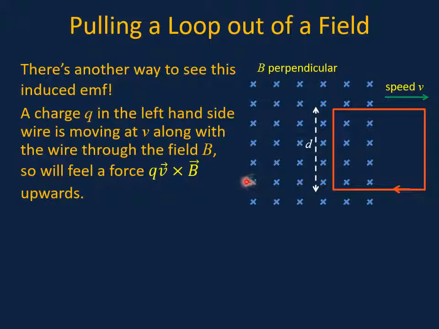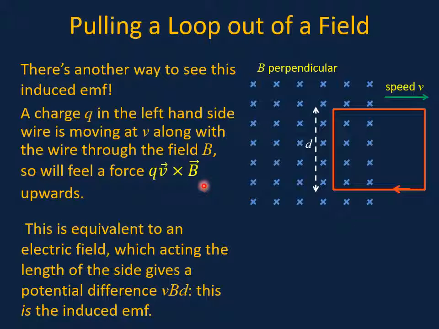So the force is in the upward direction. Since the charge has experienced a force, there has to be an electric field, and this electric field is also upwards, and its magnitude is going to tell us what is the potential difference between these 2 points.